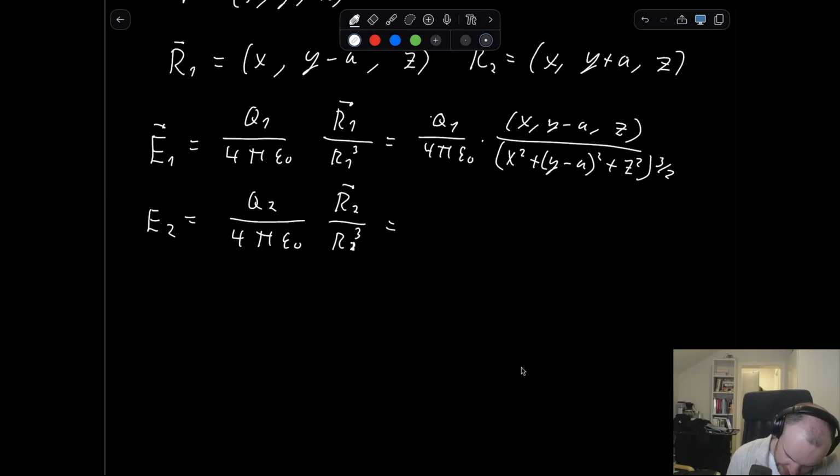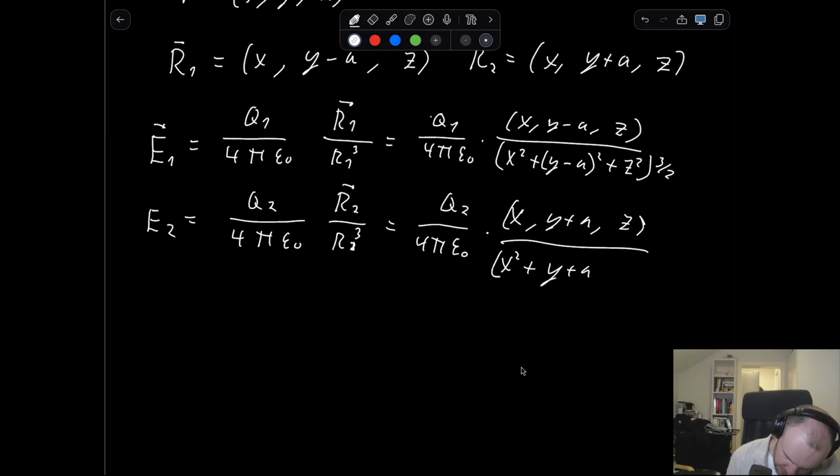So Q2 divided by 4 pi epsilon 0, times x, y plus a, z, over x squared plus y plus a squared plus z squared to the 3 over 2.